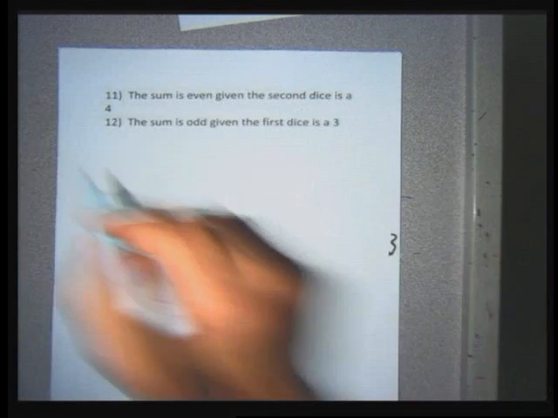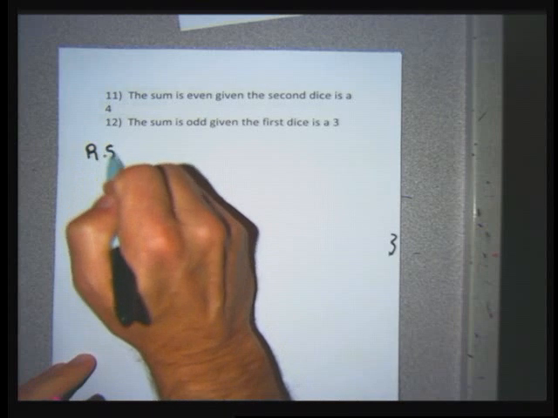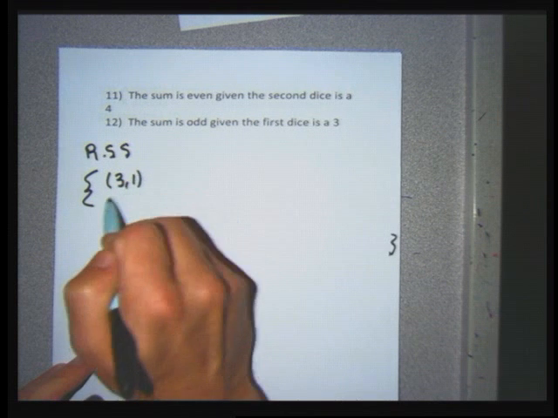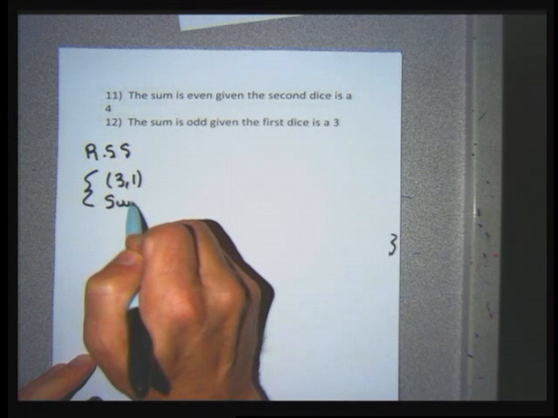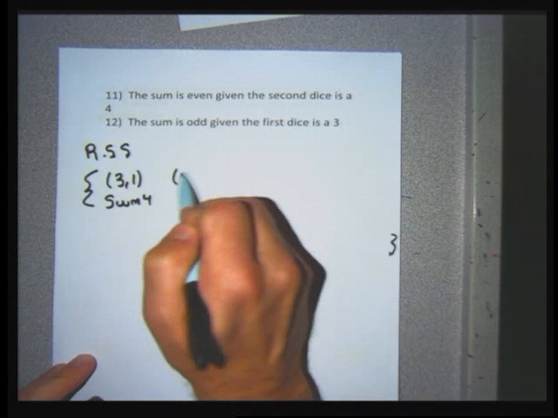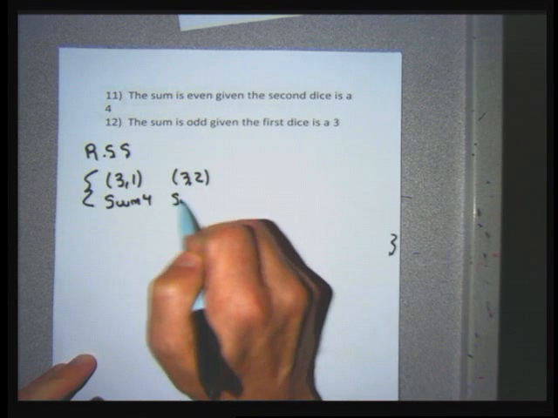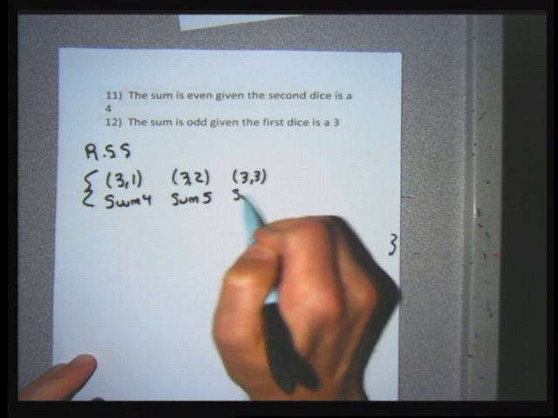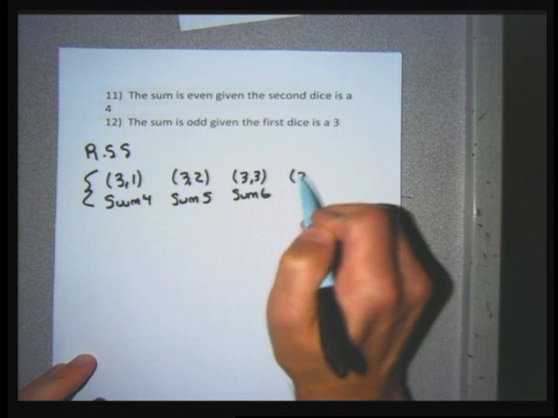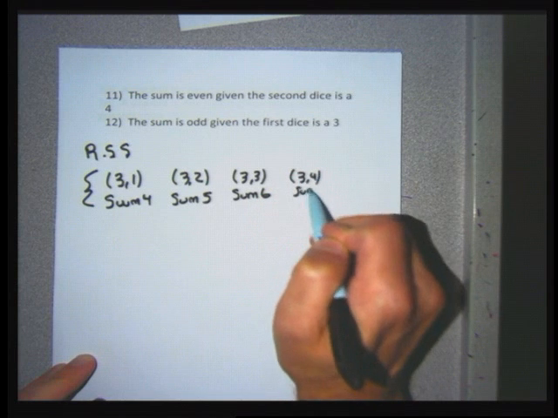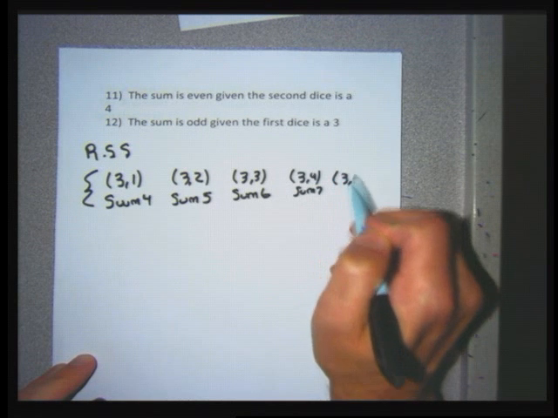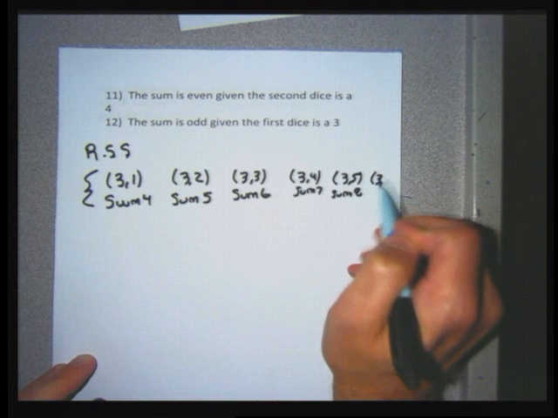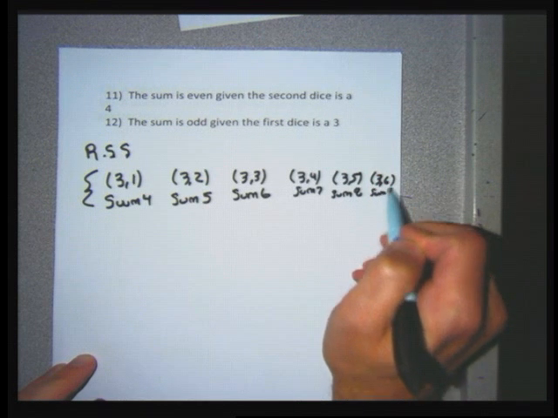So my reduced sample space for number 12 has a 3 and a 1, which has a sum of 4, a 3 and a 2, which has a sum of 5, a 3 and a 3, which has a sum of 6, a 3 and a 4, which has a sum of 7, a 3 and a 5, which has a sum of 8, and a 3 and a 6, which has a sum of 9.